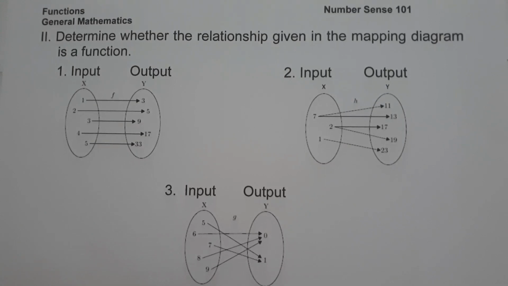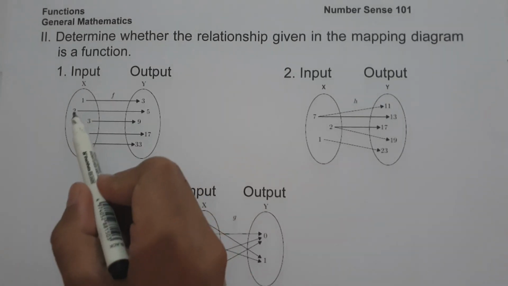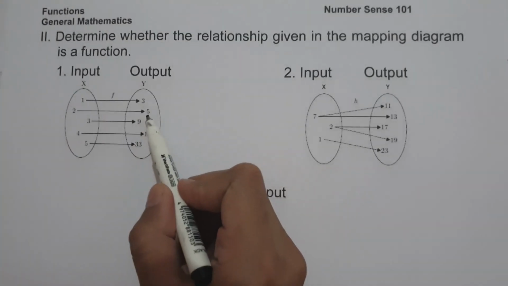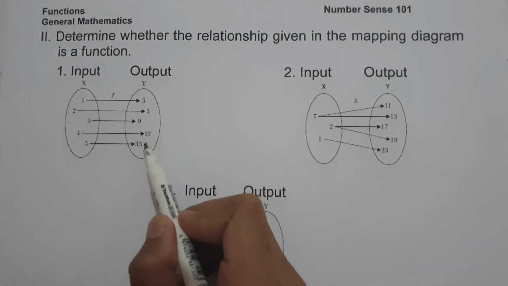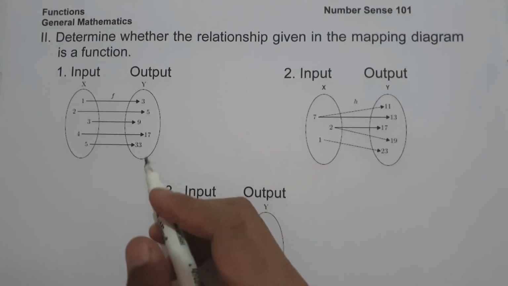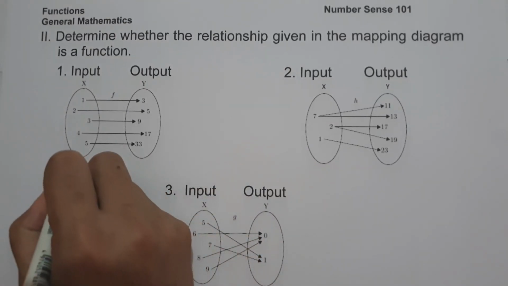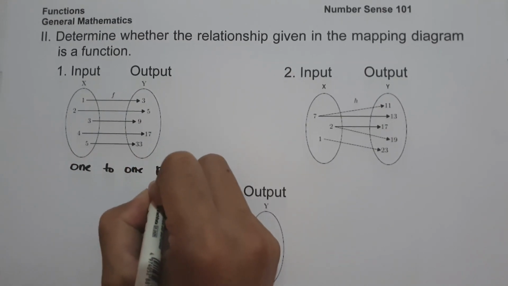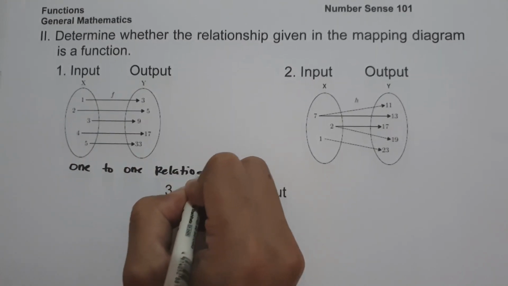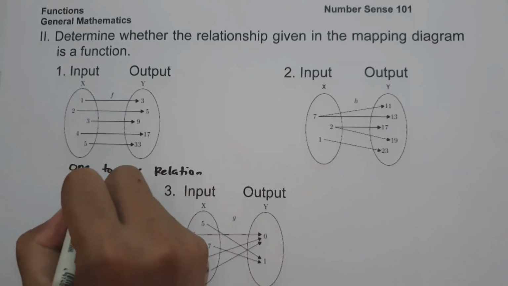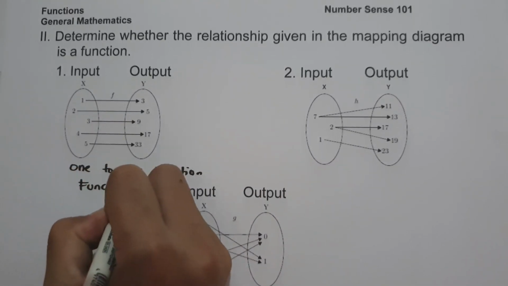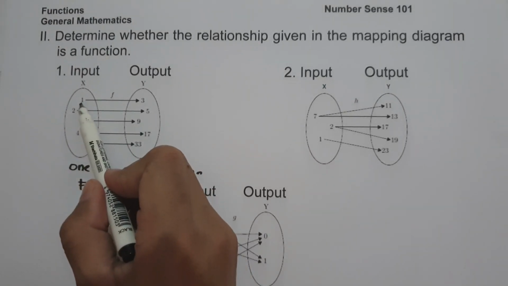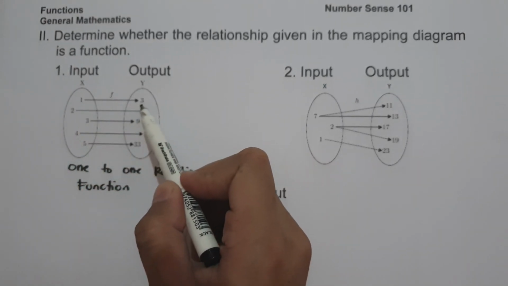On number 1, we have the inputs 1, 2, 3, 4, and 5, and outputs 3, 5, 9, 17, and 33. So this kind of relation is an example of a one-to-one relation. And a one-to-one relation is an example of a function because each element in the input corresponds to exactly one element in the output.